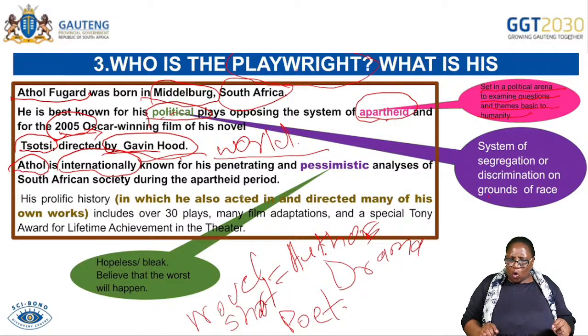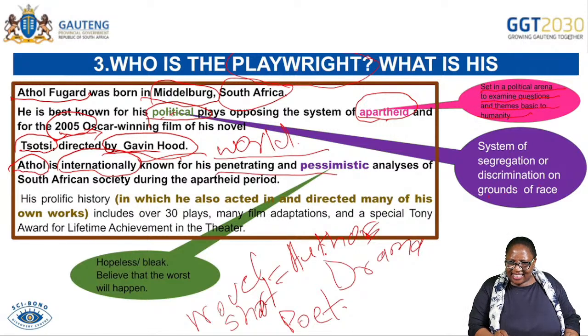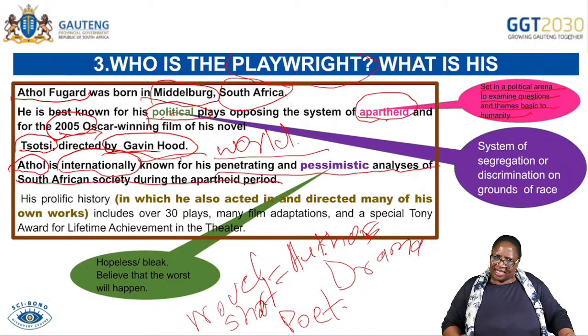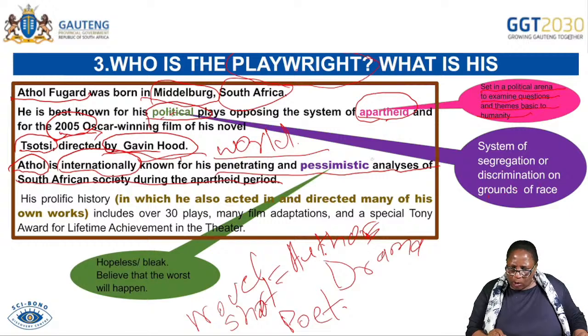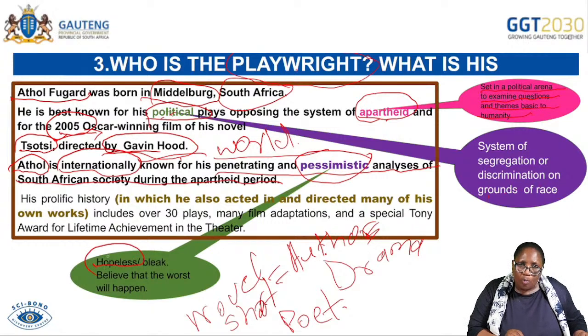And he is known for his penetrating, pessimistic analysis of South African society during the apartheid era. He did not have hope. The bleak, pessimistic. When a person is pessimistic, the person is hopeless, bleak.